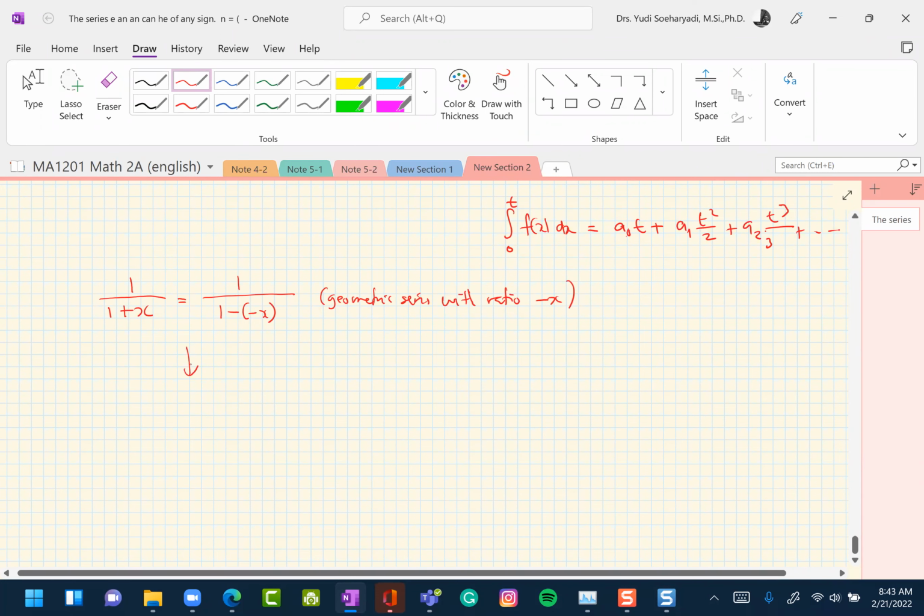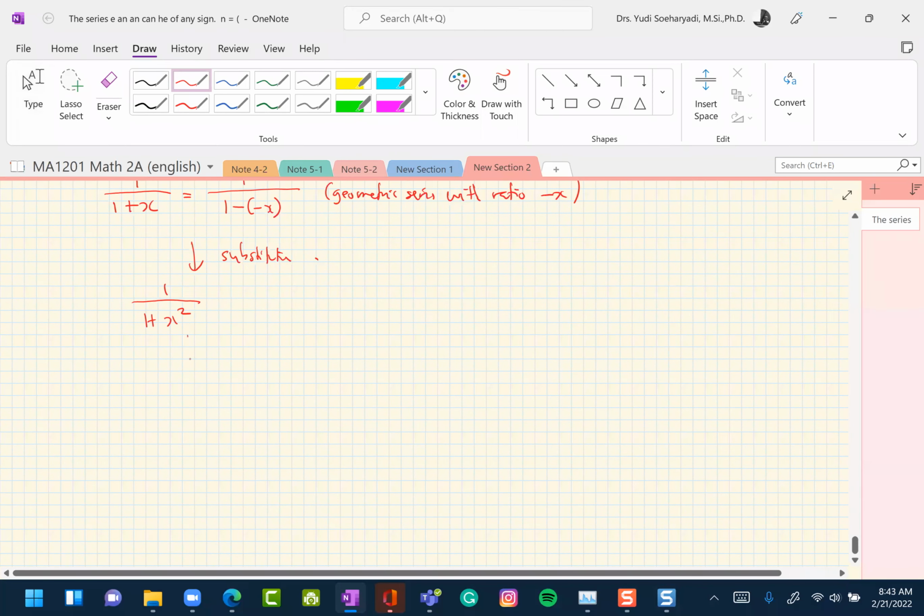So then you can do also 1 over 1 plus x squared. This is substitution. You replace x by x squared. And then from here you can get tan inverse x by doing integrations.